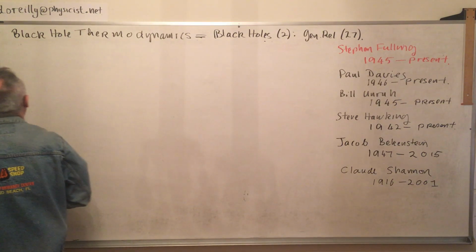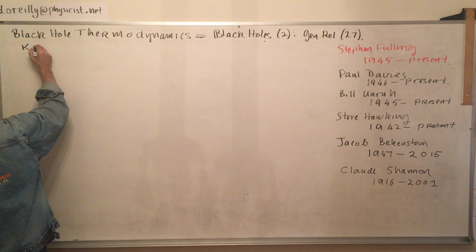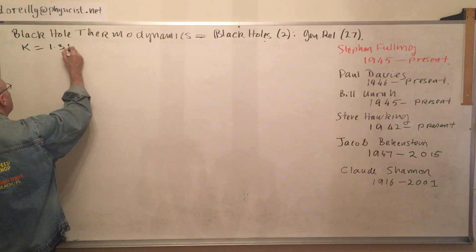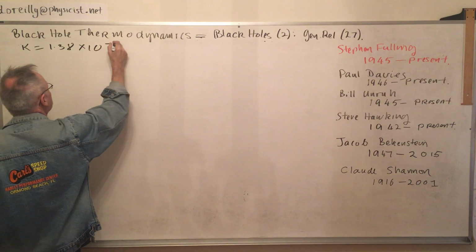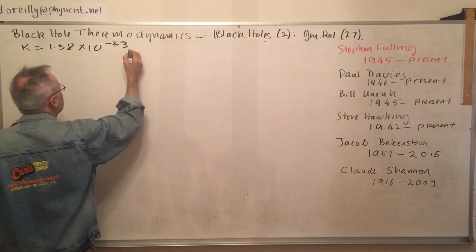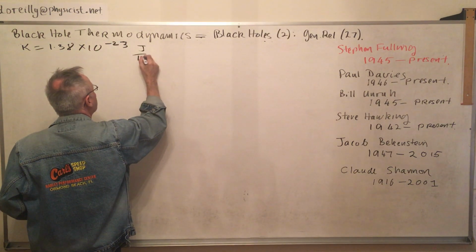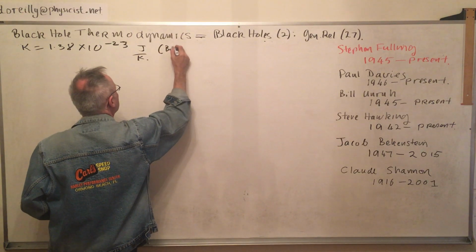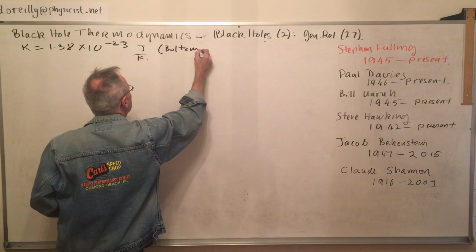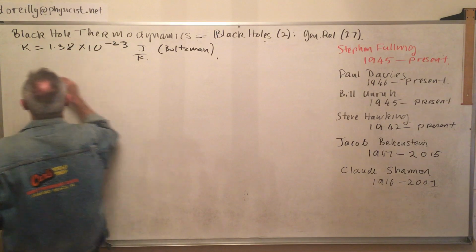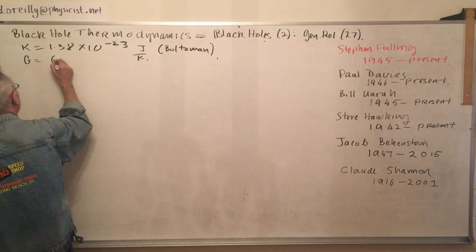Now, what are the constants that we have here? We have, of course, k is 1.38 times 10 to the power of minus 23 joules per Kelvin, Boltzmann's constant. And we have the universal constant of gravitation.